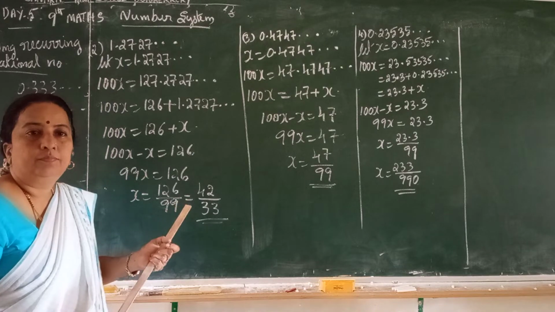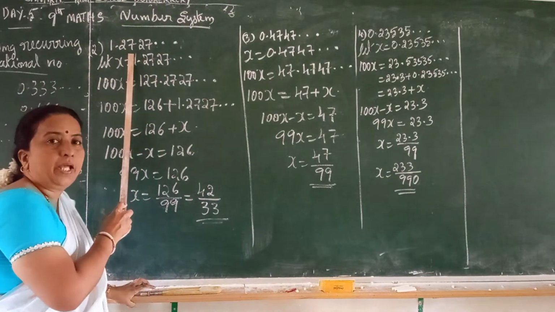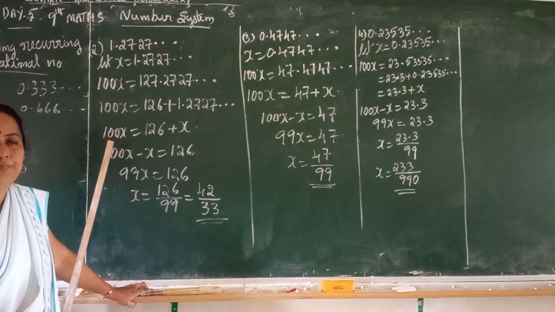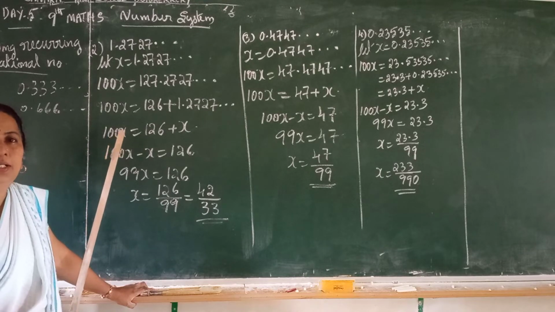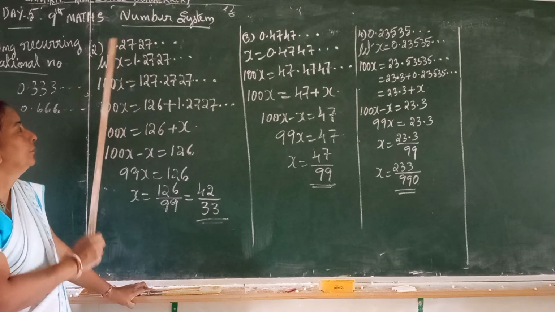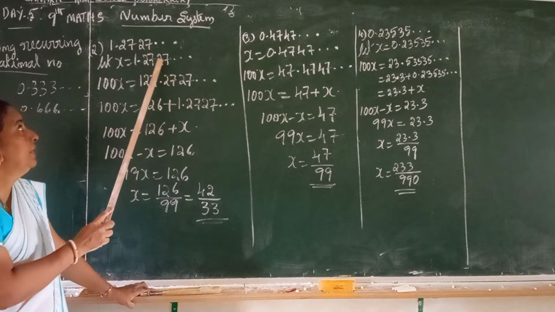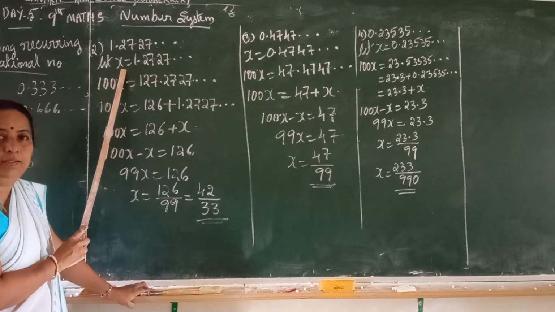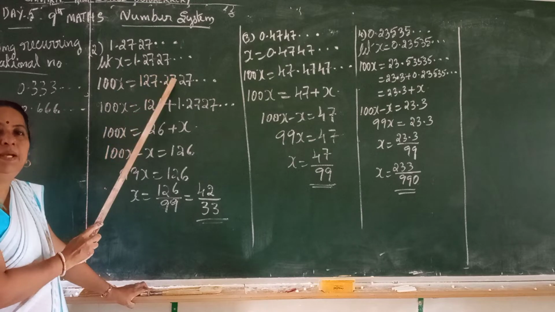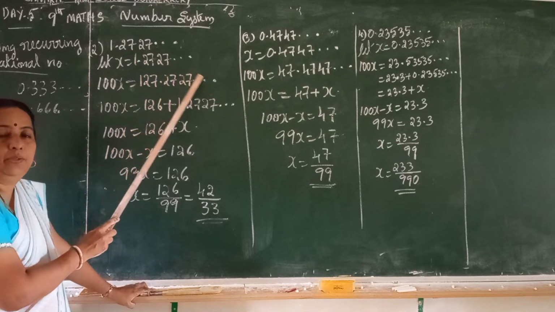Next, let us move on to one more sum: 1.272727 and so on. As earlier, the given number should be taken as x. Now how many digits are repeating? 272727.